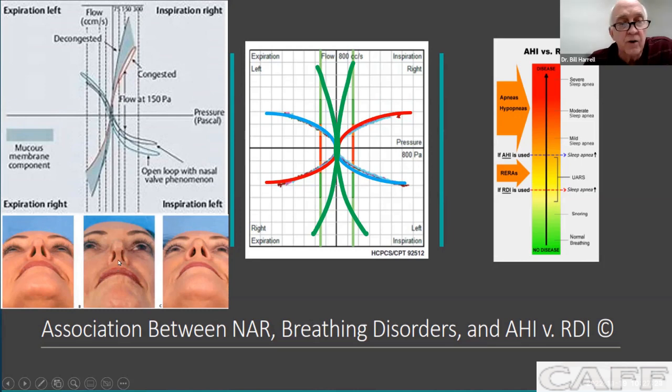When she inspires, her nose closes up, and then when she exhales, you can see the nasal area gets bigger. So these are things that you can pick up with rhinomanometry, and it can actually correlate to AHI and RDI measurements, which is kind of interesting.